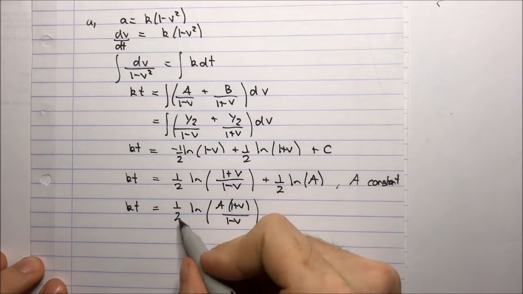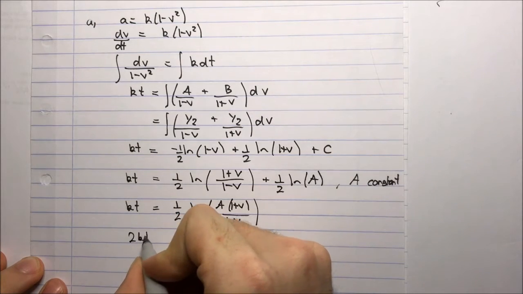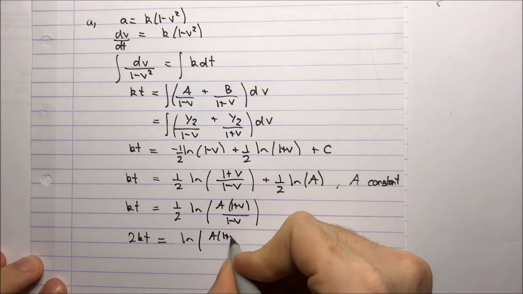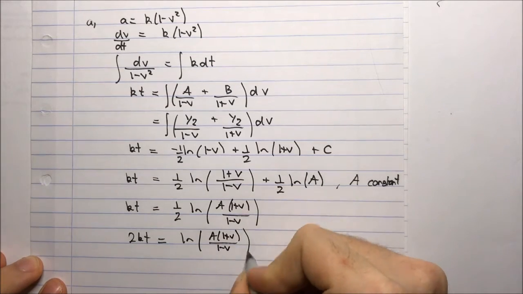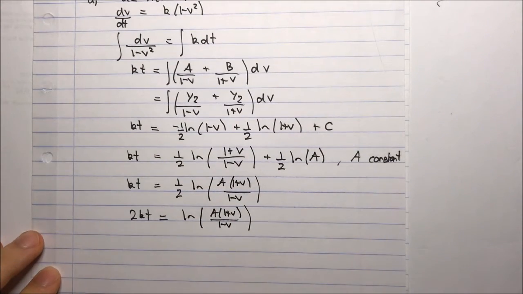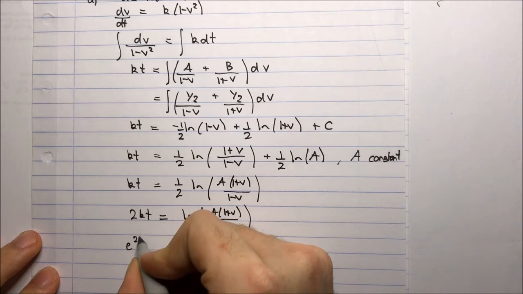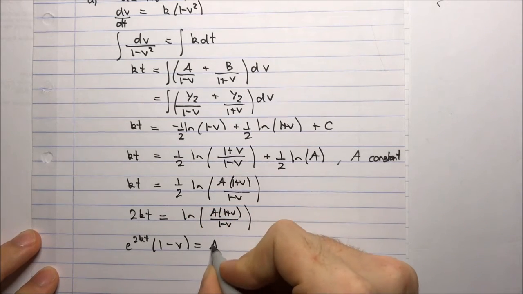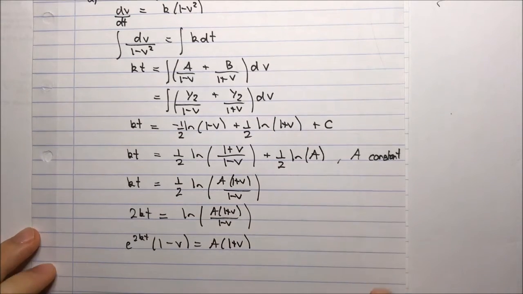I'll get 2kt equal to log of a into 1 plus v over 1 minus v. Alright, I'm going to exponentiate both sides, and at the same time I'm going to multiply by 1 minus v. So I'll get e to the 2kt, 1 minus v, equals a, 1 plus v.